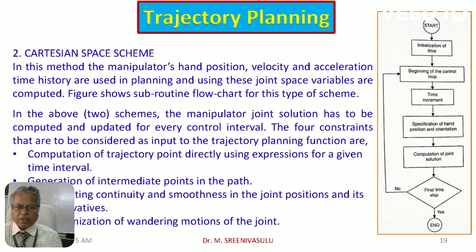In this case, time increment, specification of hand position and orientation come here. After that, the computation of the joint solution is attained. So with reference to this flow diagram itself, we are able to conclude that the Cartesian space method is computationally intensive.